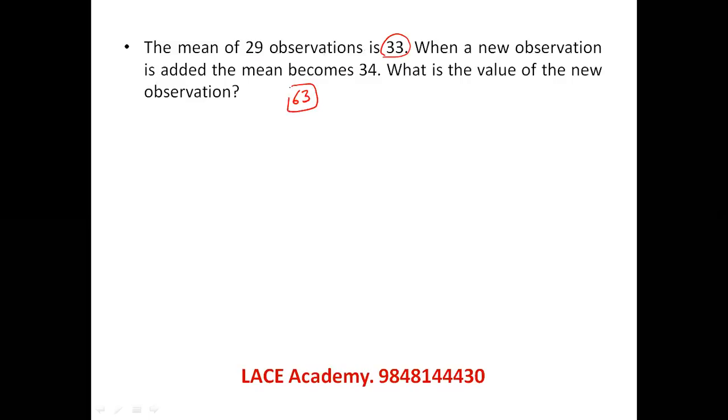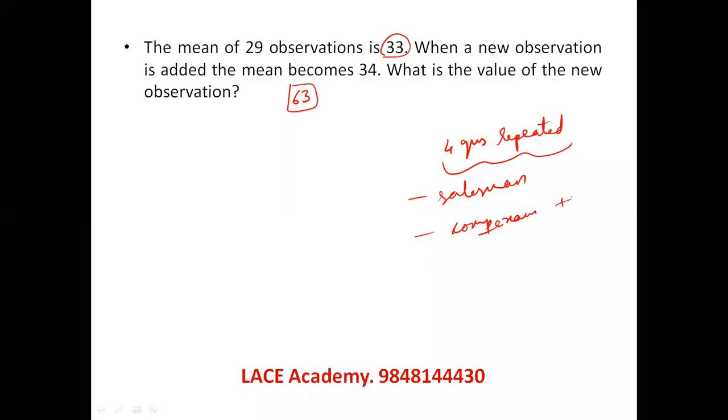I explained this question in the previous slot videos. You can just go through it. Actually, in this slot, totally 4 questions got repeated from the 24th and 25th examinations. One question is about salesman's commission. One question is about a competitive exam where plus 5 marks are given for a correct answer and minus 2 marks for a wrong answer.